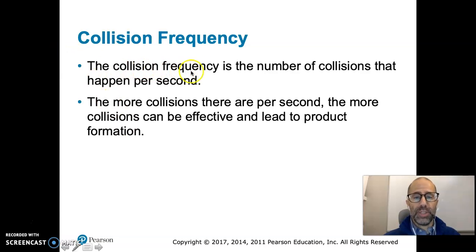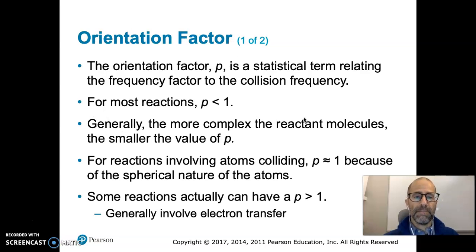The collision frequency is also known as the number of collisions that happen per second. So the more collisions you have per second, of course, the more collisions can be effective and lead to product formation. So that makes sense. If you have more collisions per second, then you're going to get more effective reactions per second, and that's going to lead to product formation.